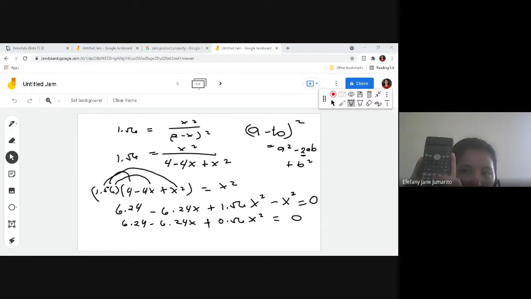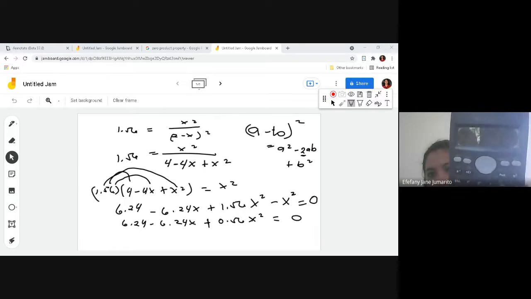It is very important that you always clear your calculator because it has memory. To do that, we click shift, press mode, and then choose number 3. Let's press 3, then reset all, then equals.